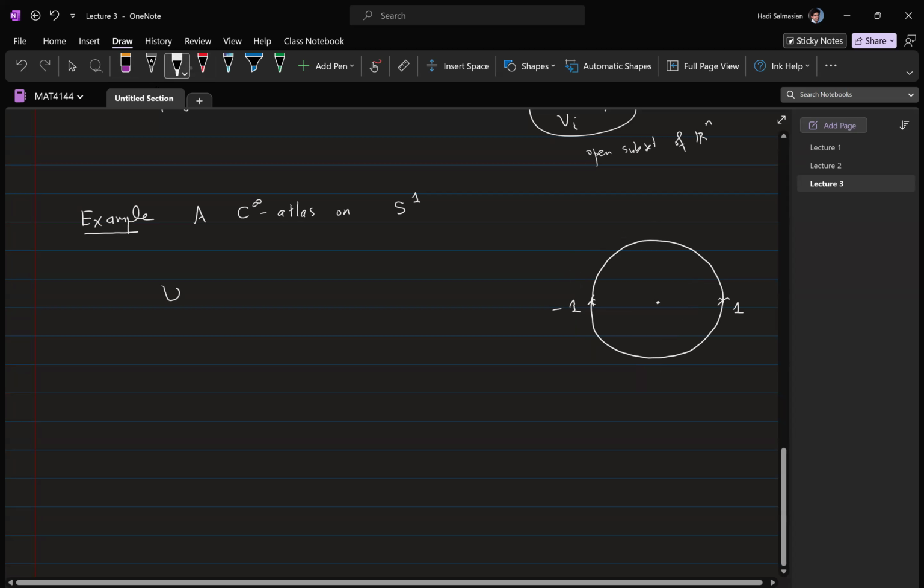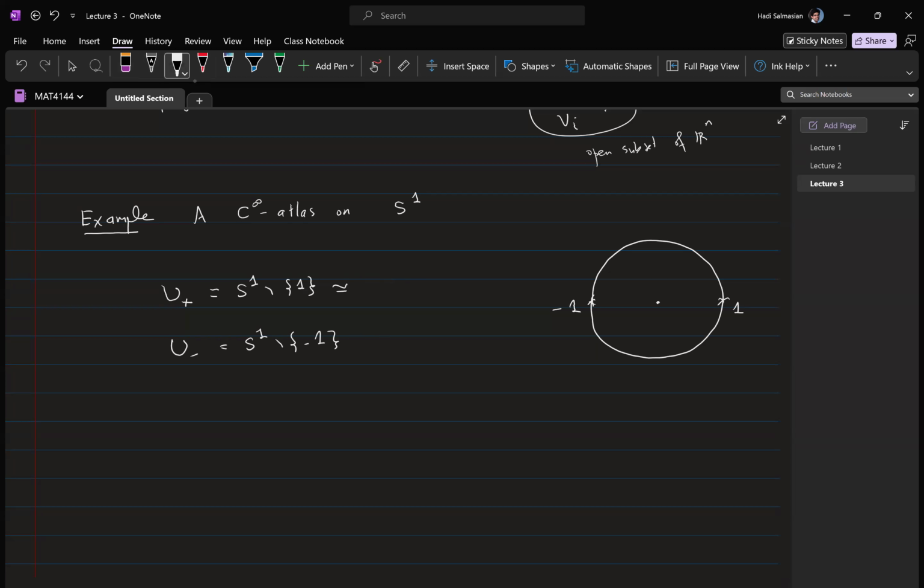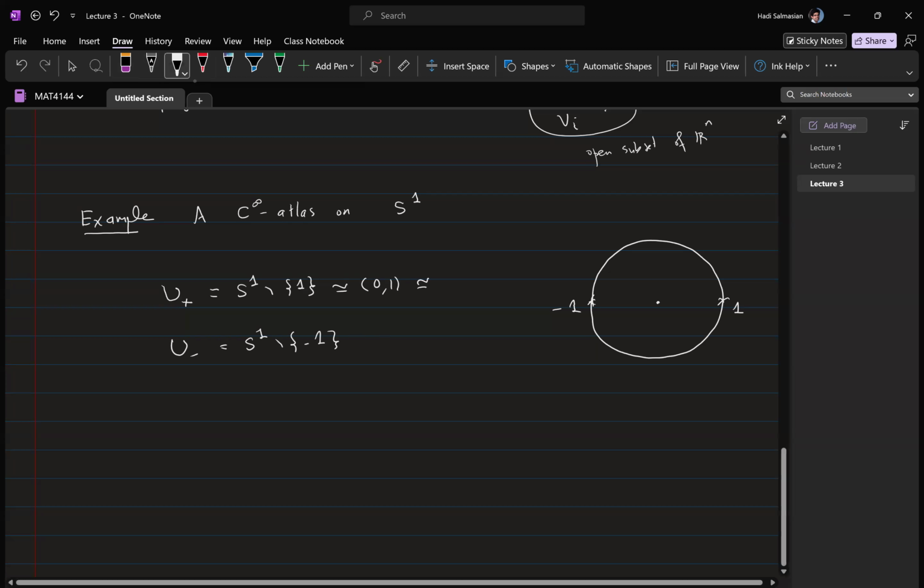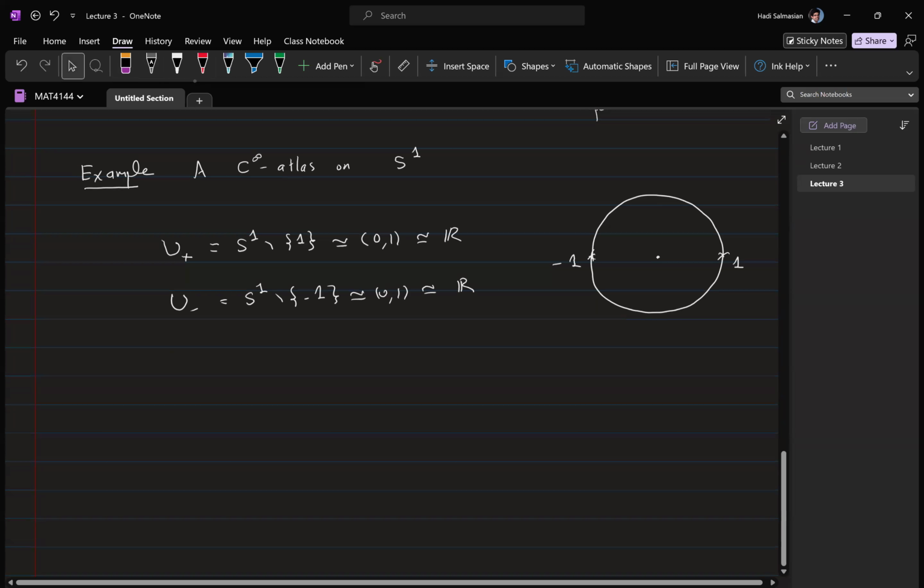So I take the sets U_plus, which is S^1 minus the point 1. By removing 1 point from this, you get an open interval. It's homeomorphic to an open interval, any open interval. And by removing -1, you also get an open interval. Or maybe I should say that this is homeomorphic to R anyway, because an open interval is also homeomorphic to R. And now I want to define an atlas.